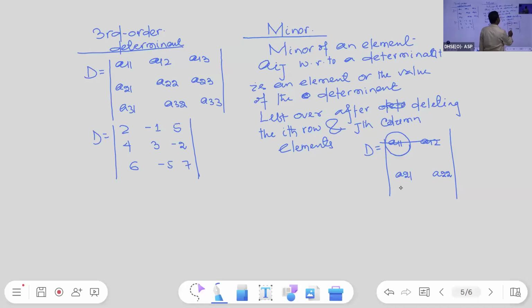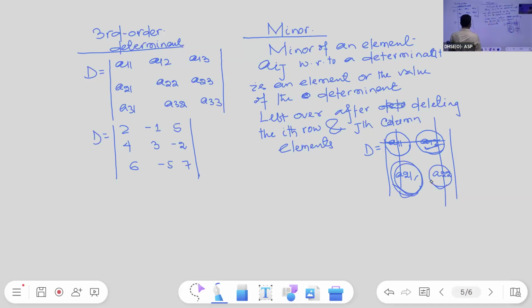After deleting these elements, what is left over? An element is left over, that is A22. So A22 is the minor of A11. Similarly, minor of A12: A12 is present at the intersection of first row and second column. We delete the elements in first row and second column. What is left over? A21. So minor of A12 is A21. Similarly, minor of A21 will be A12 and minor of A22 is A11.